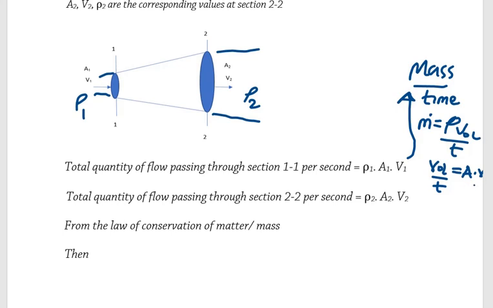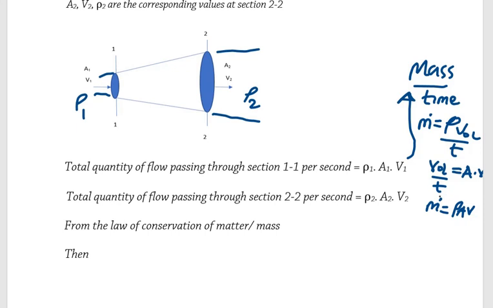When you look at the units for volume per unit time and the units of area times velocity, it will still give you discharge, which is volume per unit time. Therefore, mass per unit time gives you density times area times velocity.